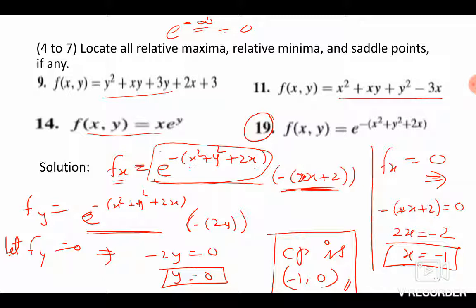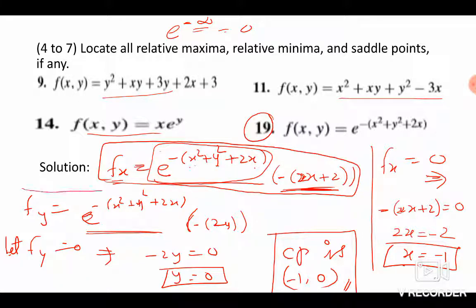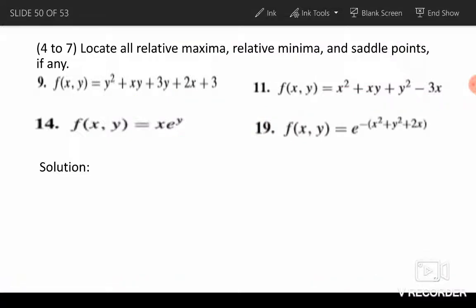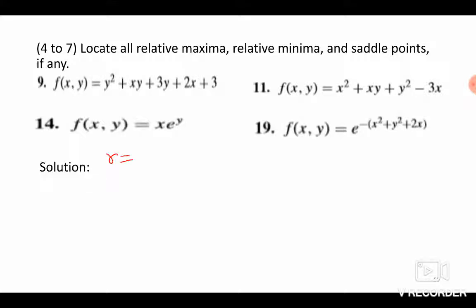Okay, we have to find second derivatives. Remember this output of the first derivative. We are going to use product rule for this one. What's next? Second derivative. If we call it r, f double x, we know fx.